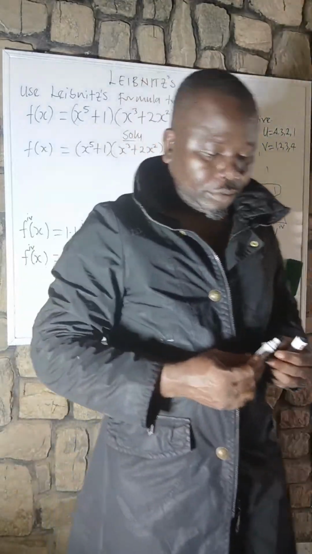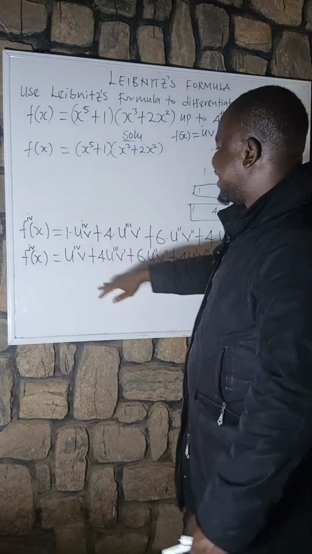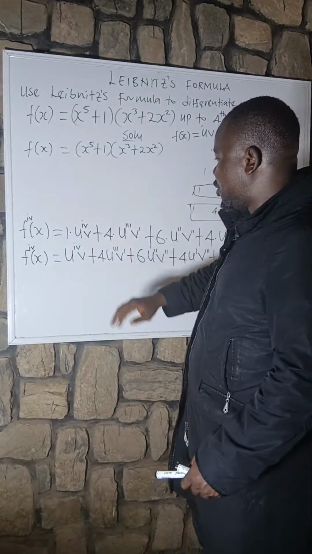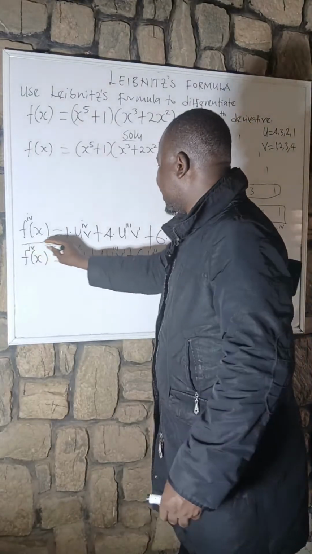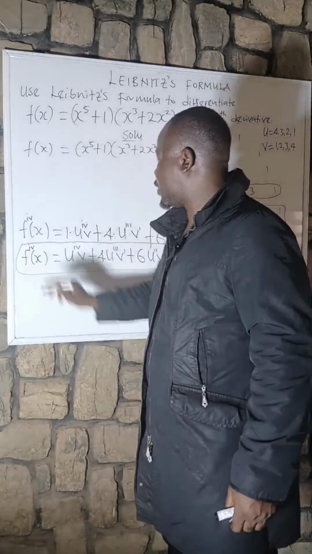Any question? Do you have any question? No question. So far, so good. So now, as it is now, you don't need a prophet to tell you this is what you are going to use. This is the formula you will use.